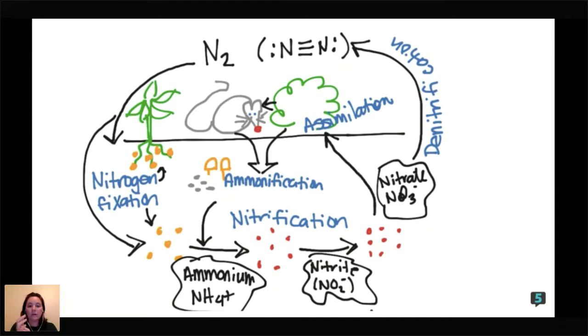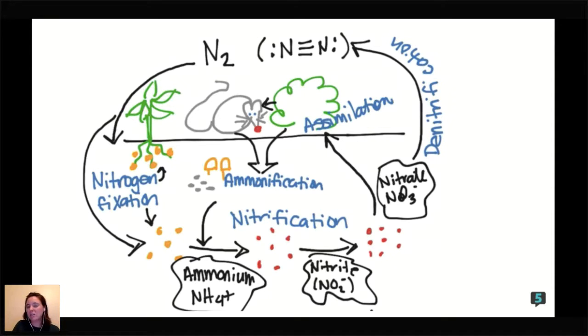And so when nitrate is released into the atmosphere, that is a super, super powerful greenhouse gas. It's about 200 to 300 times more powerful at warming the atmosphere than carbon dioxide is. So that's also bringing that back to the climate change thing. That also has an impact on that.